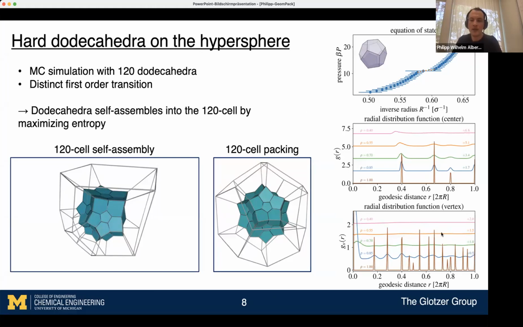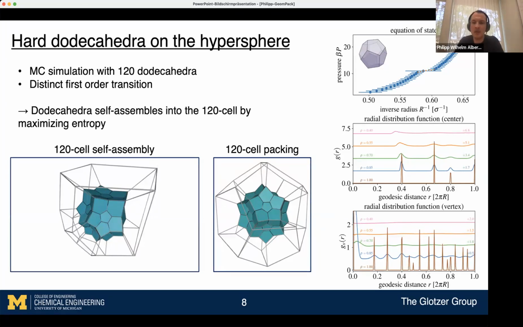And when you look at the vertices, so we look at how the vertices are distributed in terms of the radial distribution function, we can see that we get the dual lattice of the 120 cell, which is the so-called 600 cell. So we can really see that they indeed entropically favor this 120 cell packing.